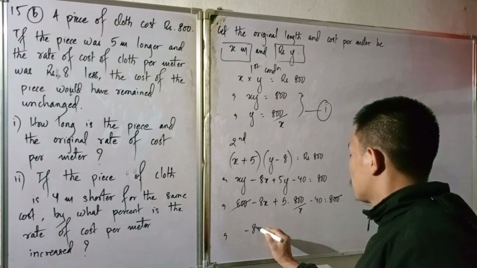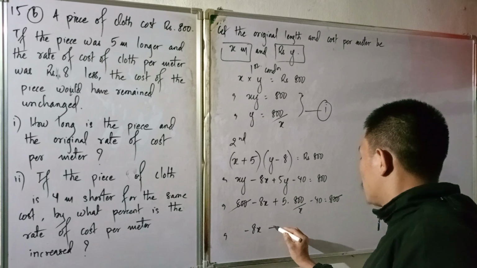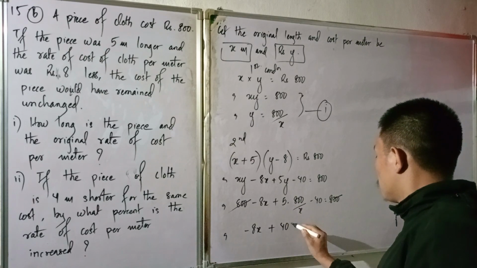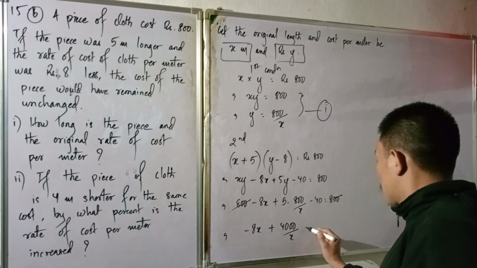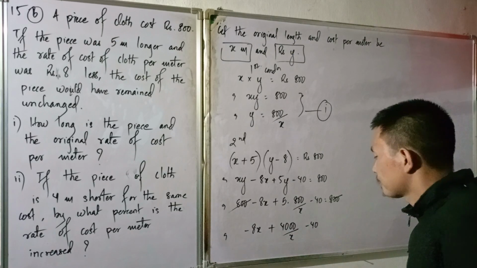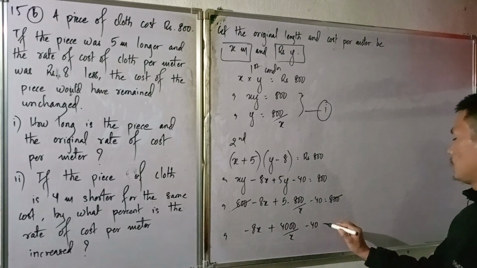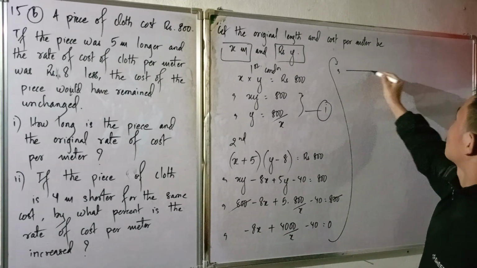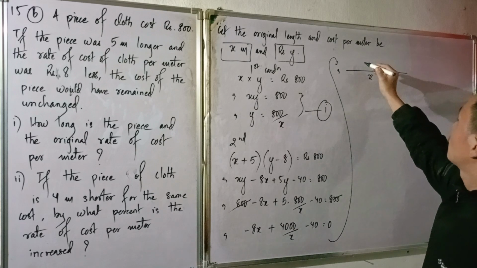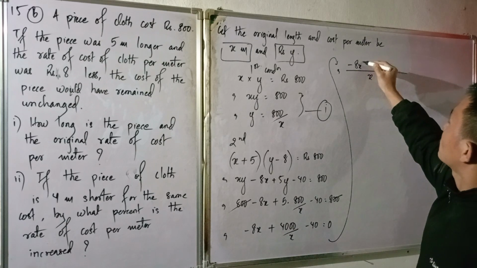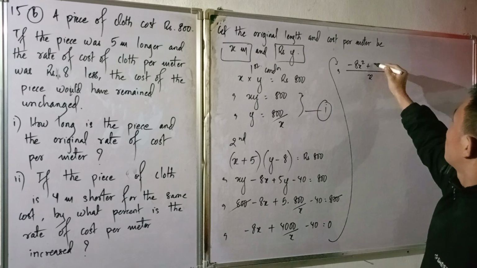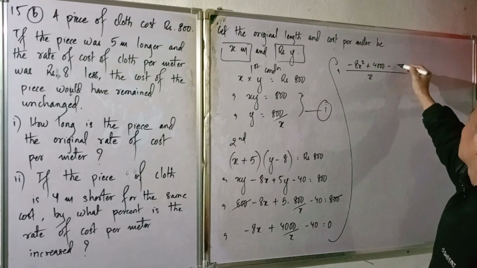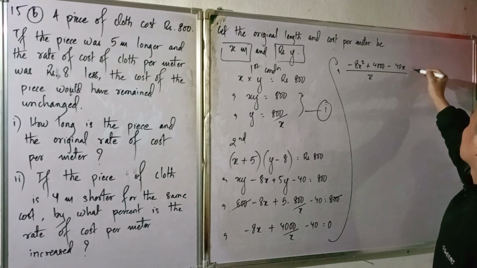Now minus 8x plus 5 times 800, that is 4000 divided by x, minus 40 is equal to 0. Now you can take the LCM here. This becomes minus 8x square plus 4000 minus 40x is equal to 0.